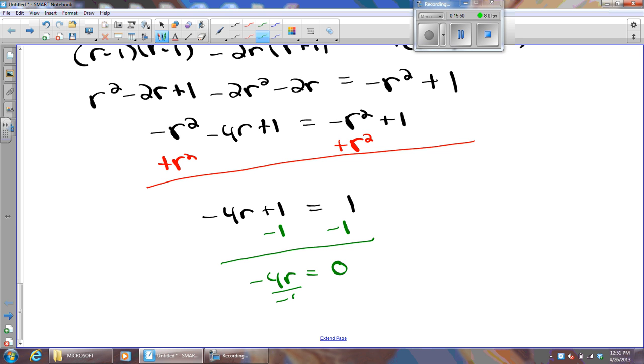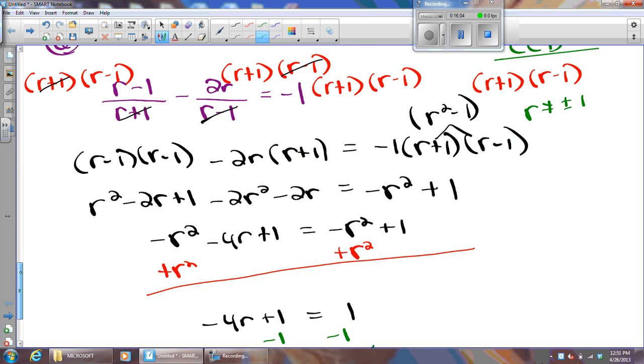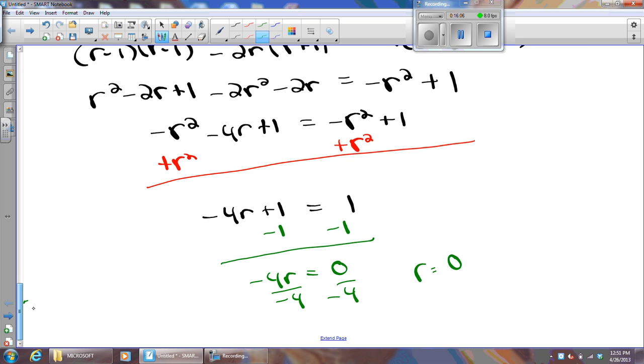Divide by negative 4, divide by negative 4. r is going to equal 0. I'm going to go back and check my restrictions. Looks like my restrictions are that r cannot equal plus or minus 1. So r equals 0 is okay. And there we go. I'm all done.